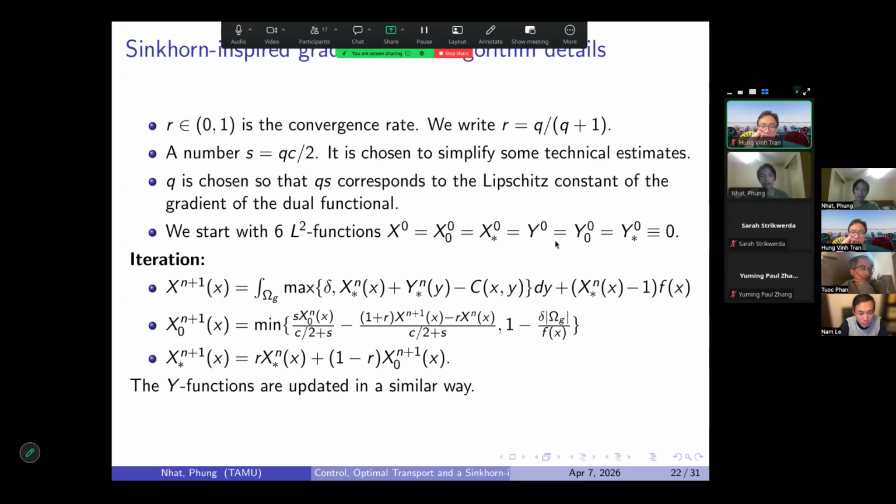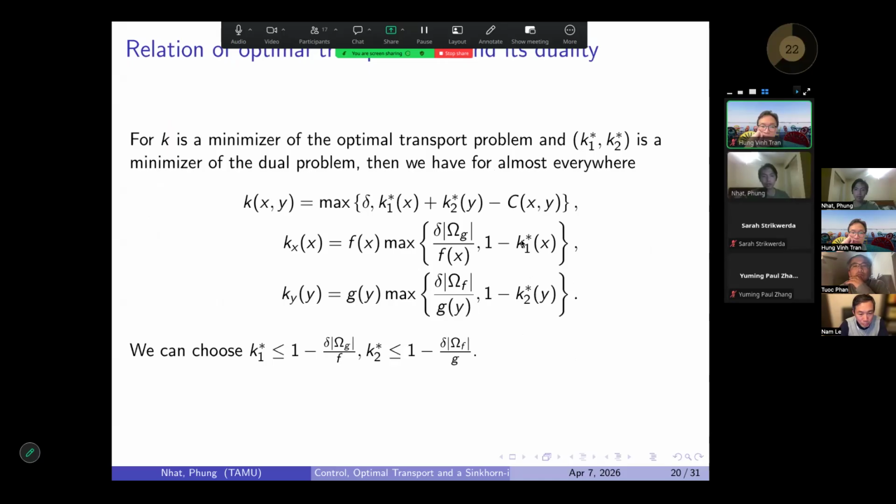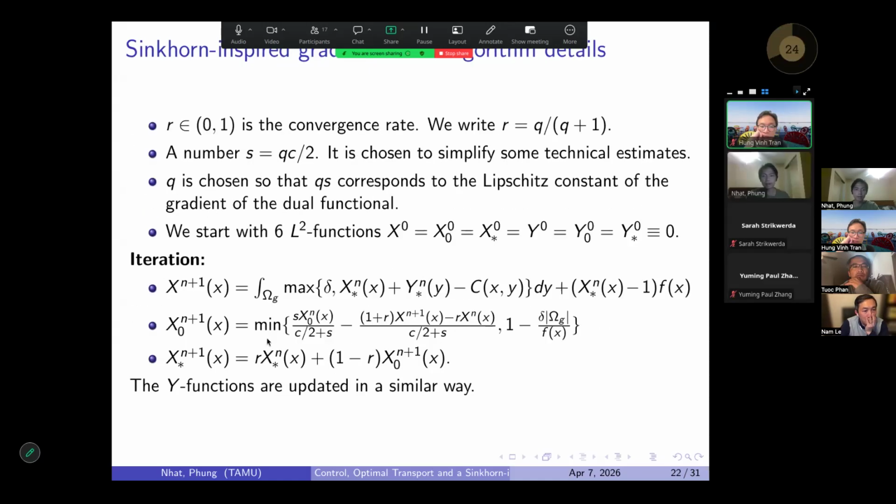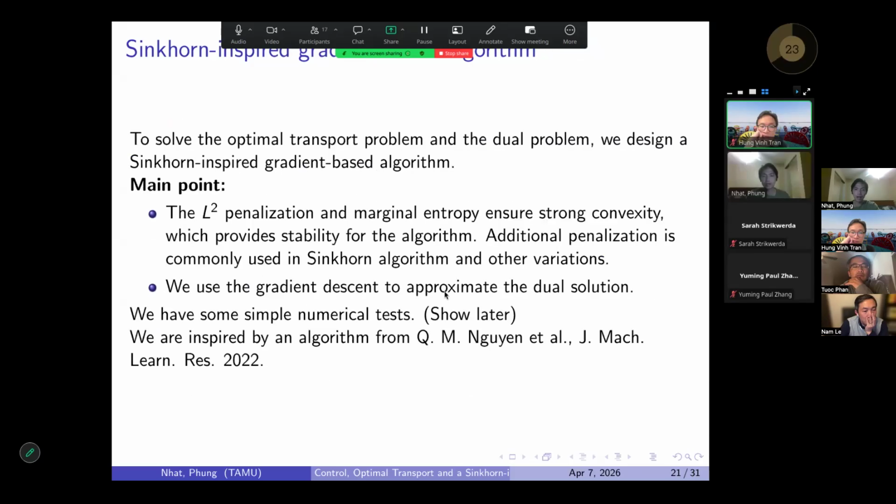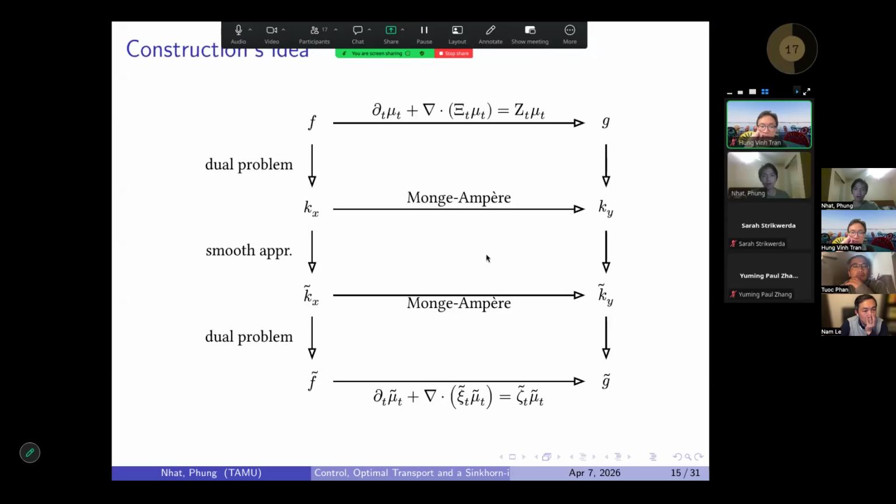And so we have the dual. When it comes out, it should approximate these two functions. It should approach these two functions. And so after you have these two functions, you have f and g, and then of course you have Kx and Ky. And so that finishes how we can find K in here.